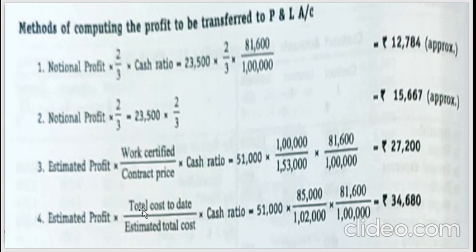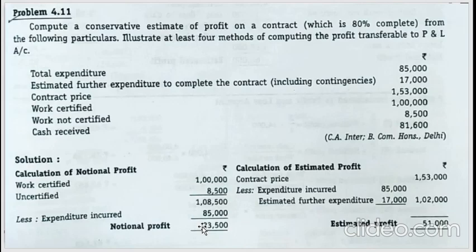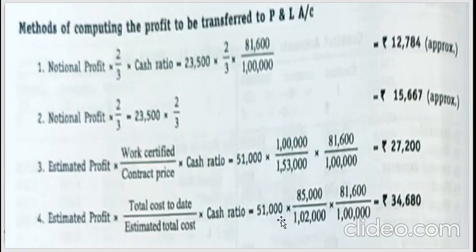The other method is estimated profit into total cost to date divided by estimated total cost. Total cost to date in the question is 85,000, that is your actual expenditure. So estimated profit, which is 51,000, into total cost 85,000, divided by 1,02,000.